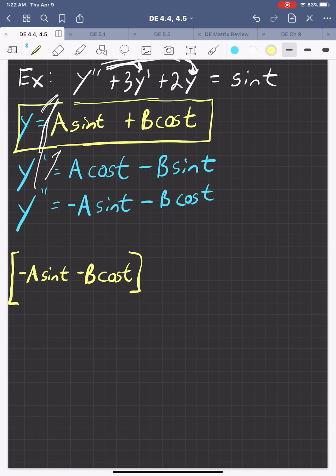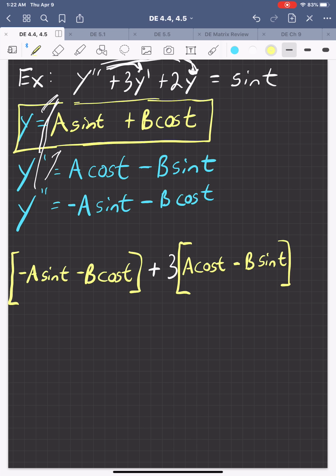Now, to that it's plus 3 times, and now let's plug in y prime. So that's a cosine of t minus b sine of t.